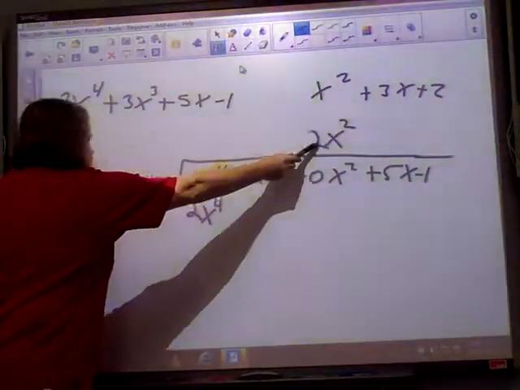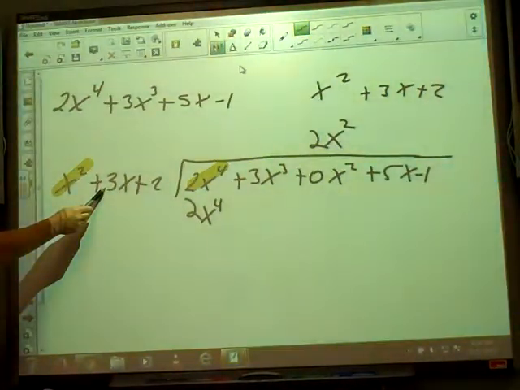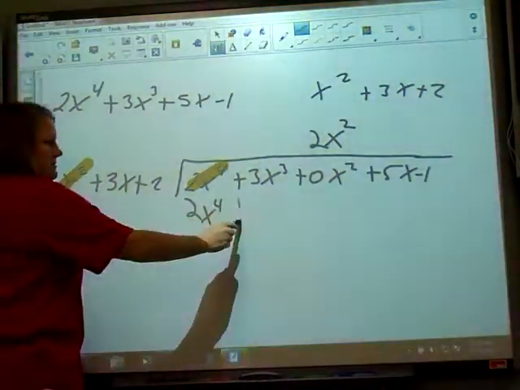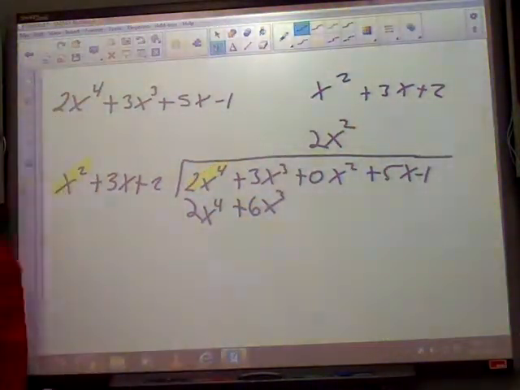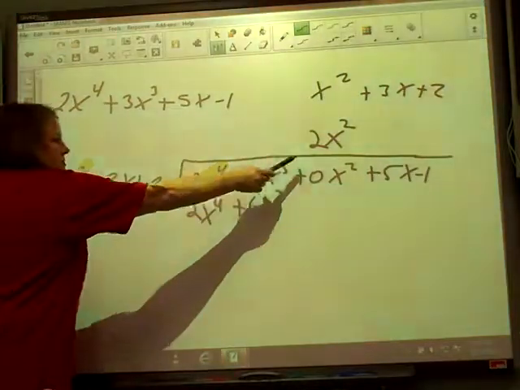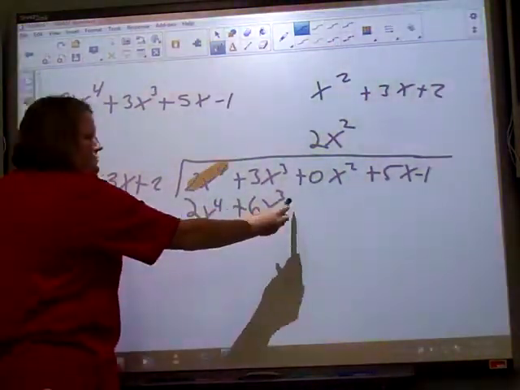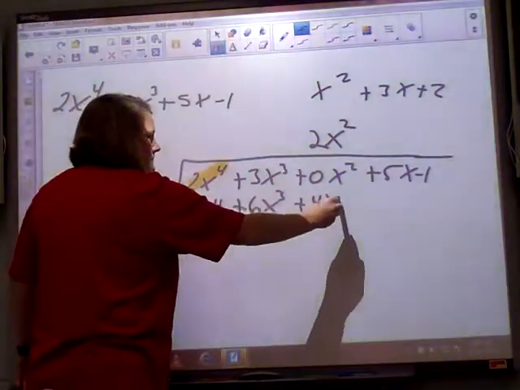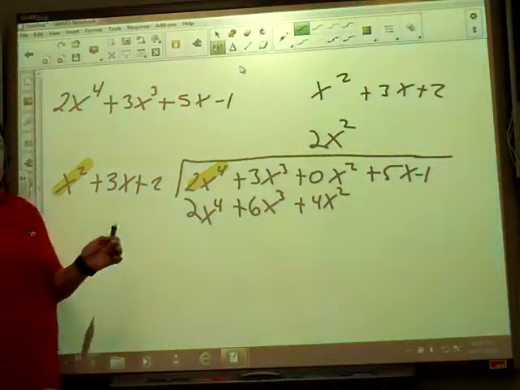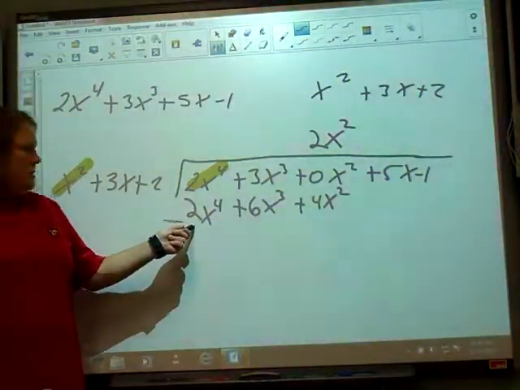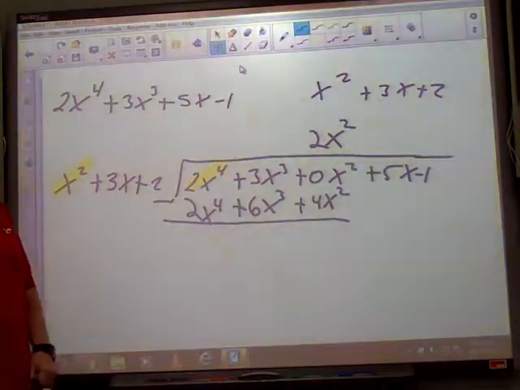I'm going to do 2x squared times 3x. 2 times 3 is 6, and x squared times x is x cubed. Now I have to do 2x squared times 2. That's 4x squared. Same principles as long division when you were in elementary school. Now you draw your line and you subtract.